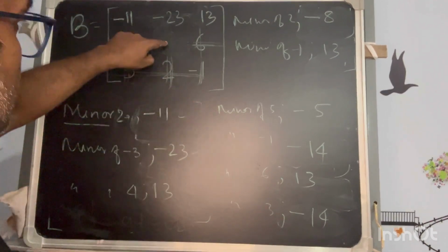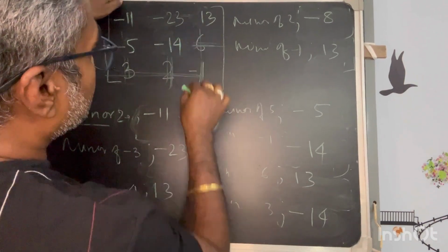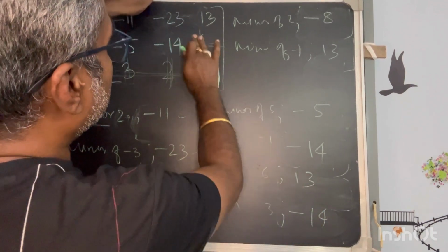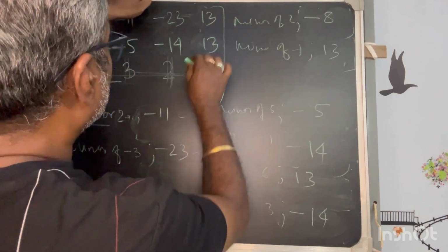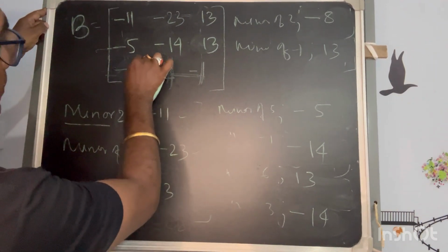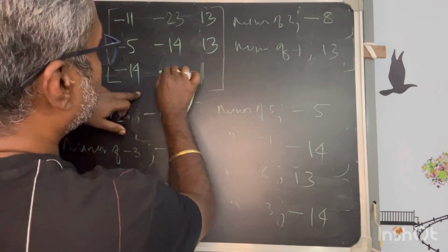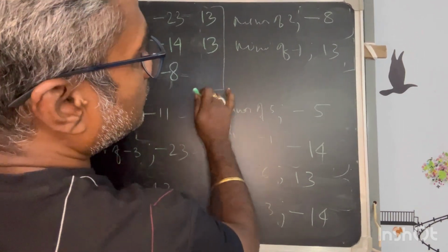Then remaining minus 1 becomes minus 14. Then 6 becomes 13 again. 3 becomes minus 14, 2 becomes minus 8, and 1 becomes 13.